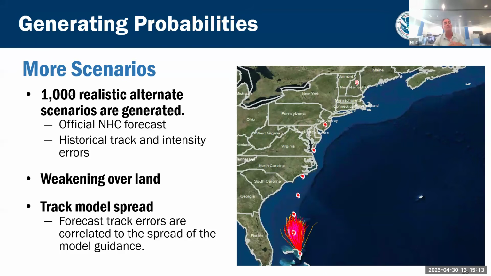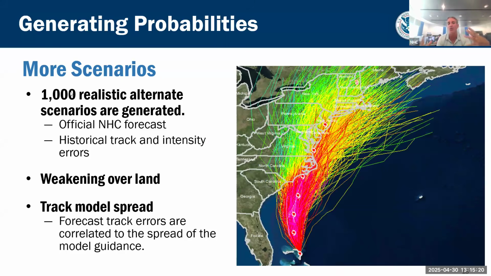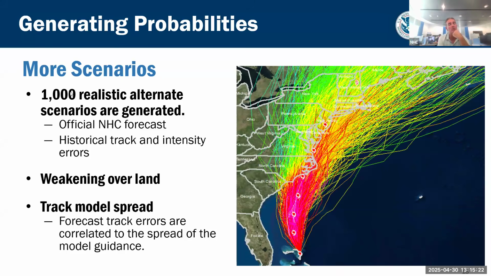So let's talk about how these probabilities work. Here's how they're created. What we do is we create 1,000 realistic alternate scenarios around the official NHC forecast that is coming out every 6 hours. This technique incorporates the historical track and intensity errors, or the things I just talked to you about, meaning the average track errors, the average intensity errors, and to some degree, some size information.